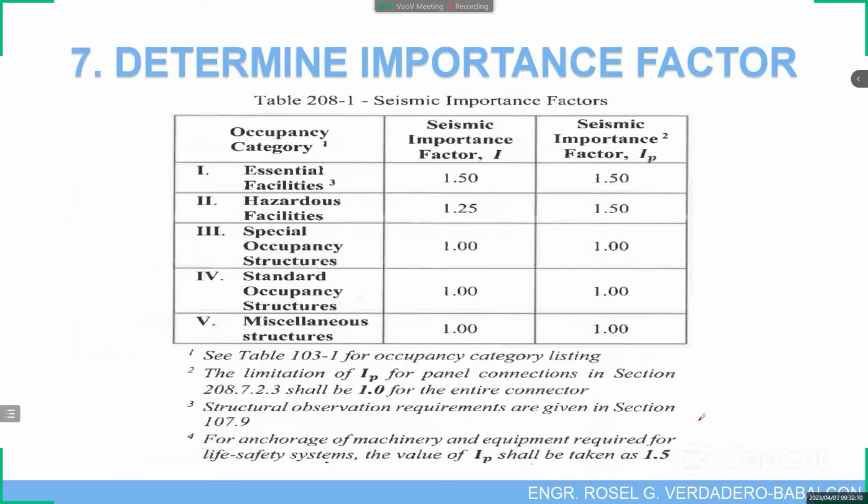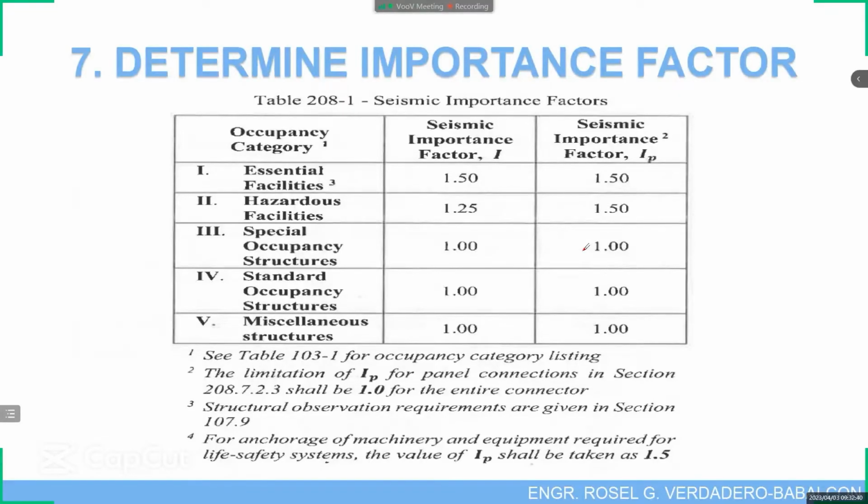Now for the importance factor, which can be found in Table 208-1, the seismic importance factor, a while ago we identified the occupancy category. Let's say our occupancy category for a school building is a special occupancy structure for a college school building. Therefore, the seismic importance factor will be equal to 1, and also Ip is equal to 1.